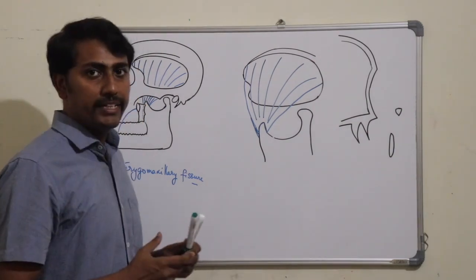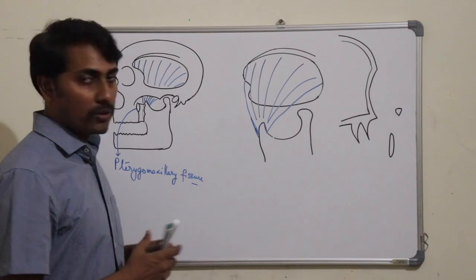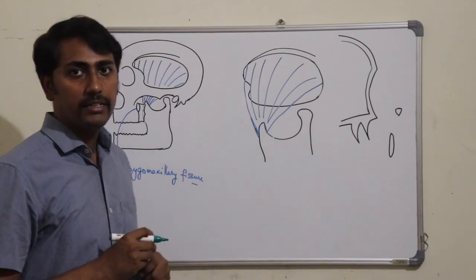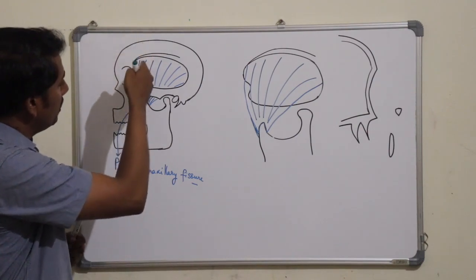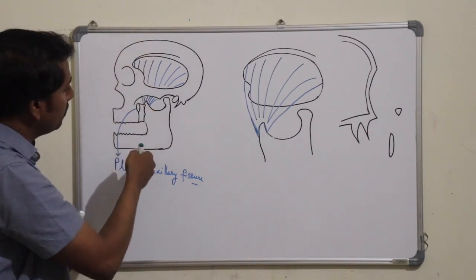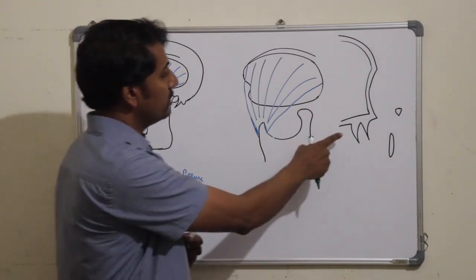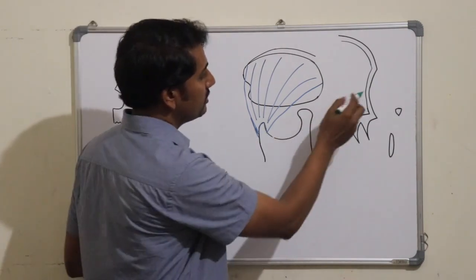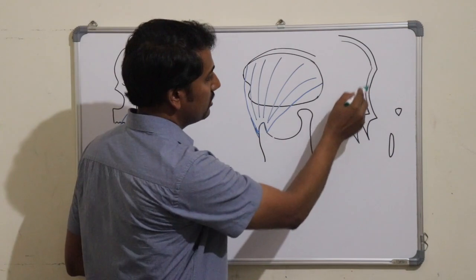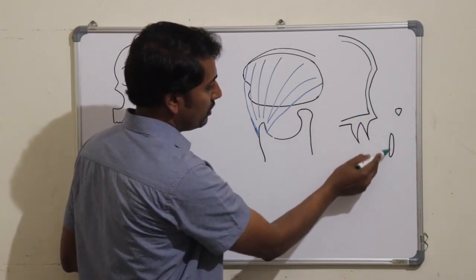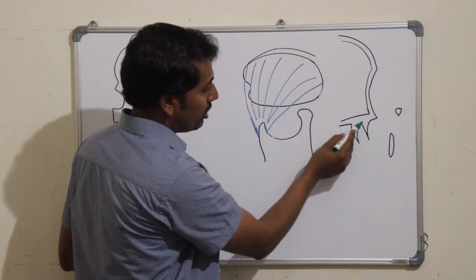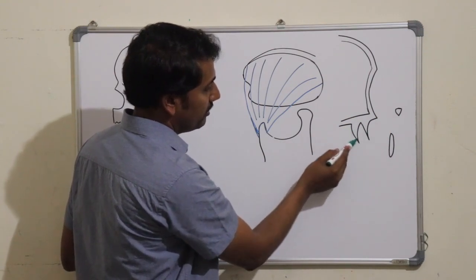Now some more details about the origin of the temporalis muscle, that is from the temporal fascia. If we take a coronal section of the skull passing through the coronoid process of the mandible, we will get this picture. In this we can see the temporal fossa, the zygomatic arch, the coronoid process of the mandible, the lateral pterygoid plate and the medial pterygoid plate.